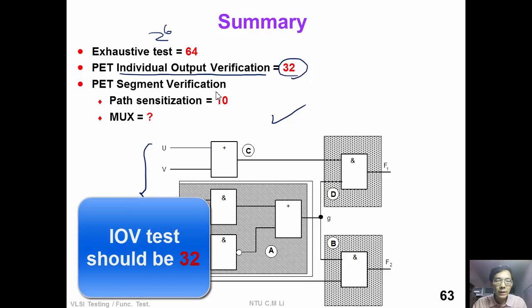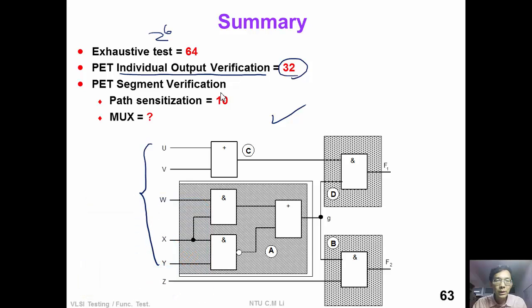Using the PET segment verification technique, we can reduce the test length to only 10. Also, we can apply the mux insertion technique to perform PET tests. Using the PET techniques, the test lengths are greatly reduced compared with the original exhaustive test. Thank you for listening.